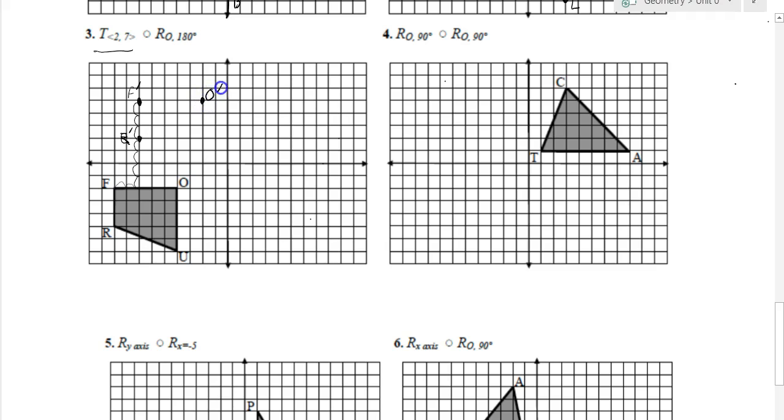And O prime. And a U prime. We've taken every point and moved it right 2 and up 7.